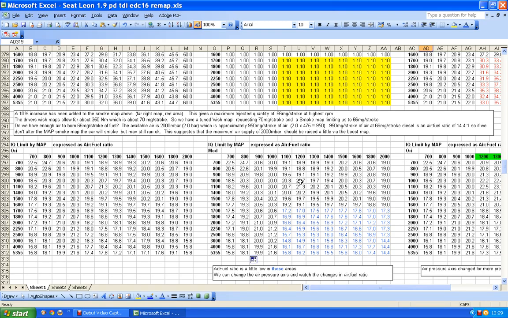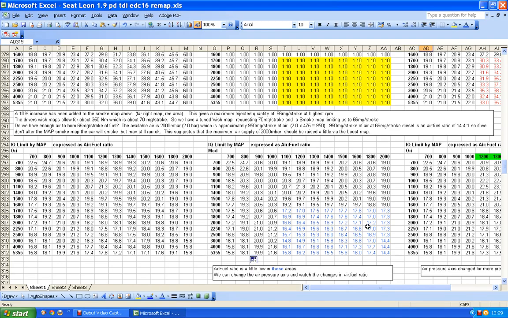And you can see that what's happened is that there's a drop, because there's the figures that they were originally, and here's the new figures with more fuel. So in other words, the air-fuel ratio has reduced, which is why it's turned blue. Had this increased, it would be red, but it's dropped.